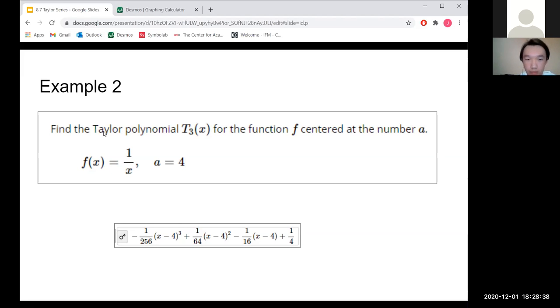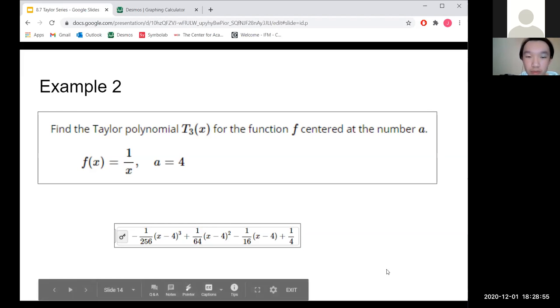This is a good one. Really quickly, when we say t sub 3 of x, what's the degree there? It's kind of obvious. We're asking you to find the third degree Taylor polynomial, okay? I have the answer right there. Let's see how we can get that.